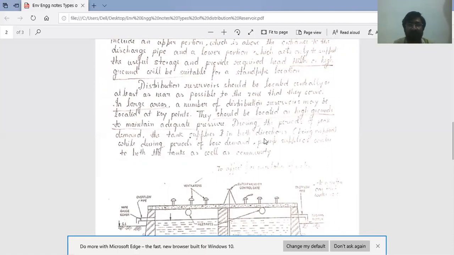During the period of peak demand, the tank supplies in both directions, being emptied, while during periods of low demand, pump supplies water to both the tanks as well as community. So these are the types of storage or distribution reservoir, purpose of distribution reservoir and location of distribution reservoir.